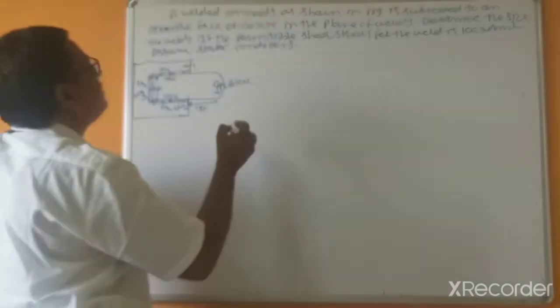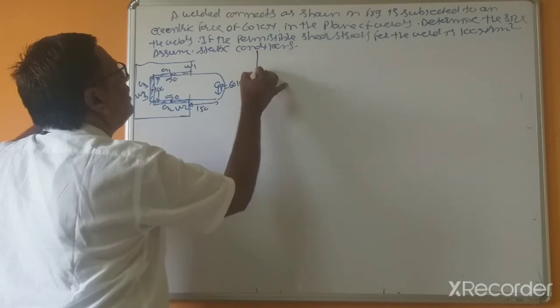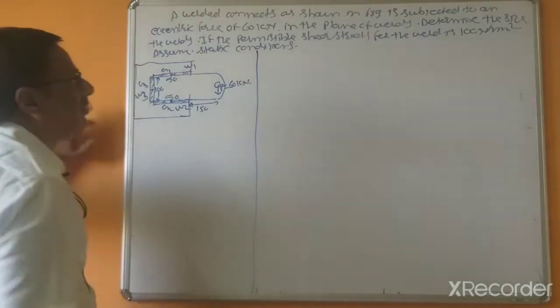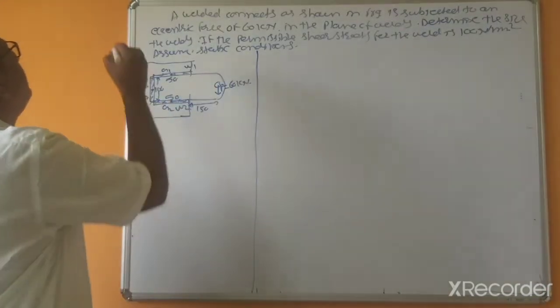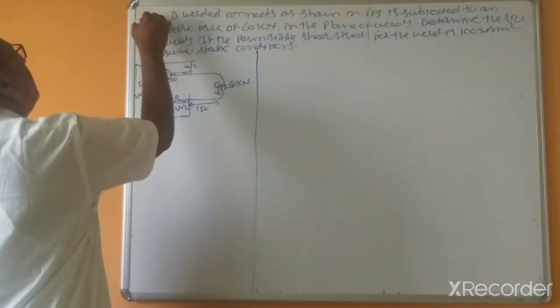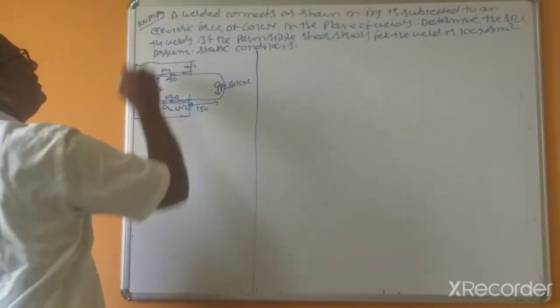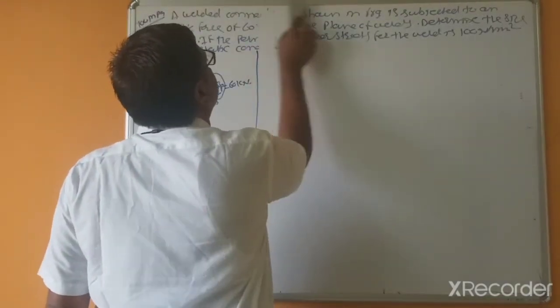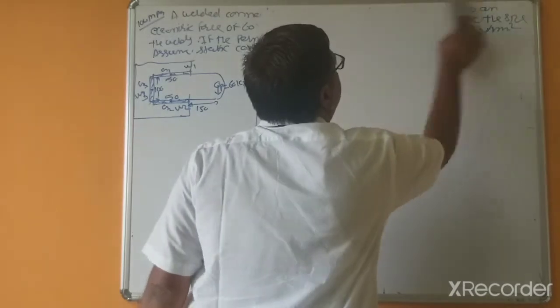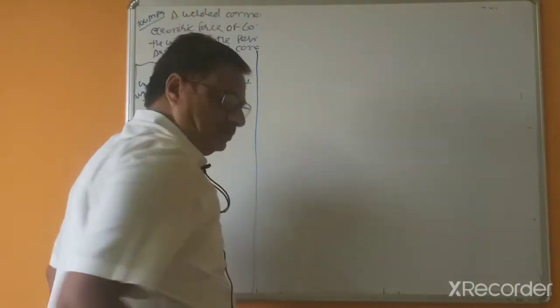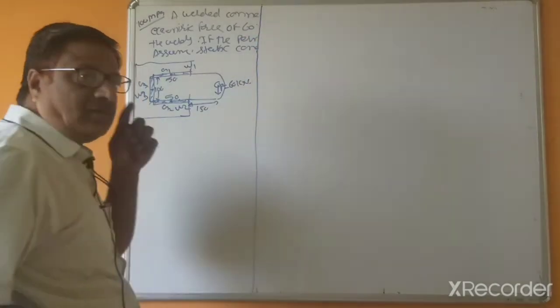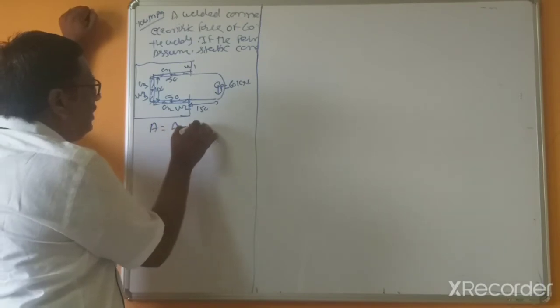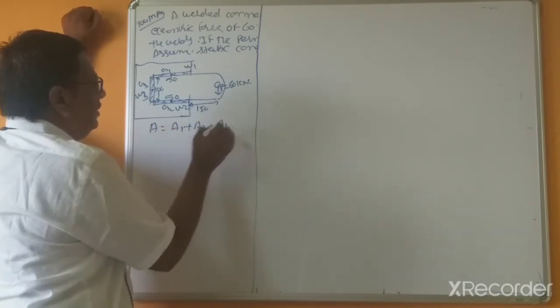So in this case, I will split. Yes, this is 100. That's why I will take this as 100 megapascals. The remaining portions I want to erase because of limitations of the space. Now A equals area A1 plus A2 plus A3.